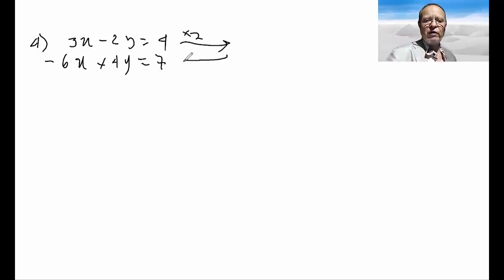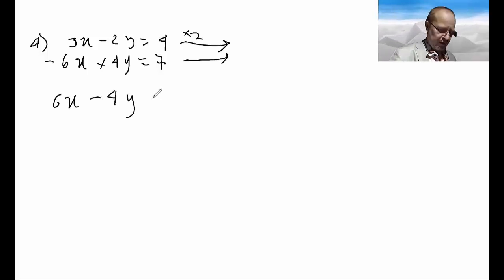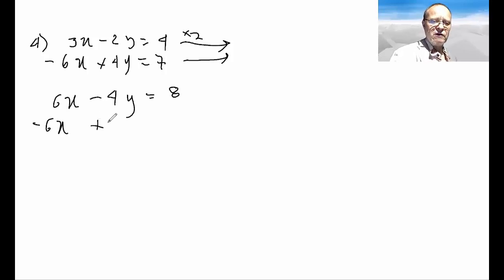And the bottom equation we'll leave alone. So we'll end up with 6x minus 4y is equal to 8, and then negative 6x plus 4y is equal to 7.